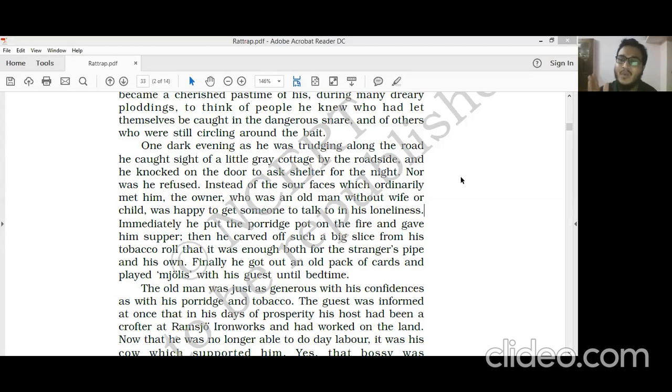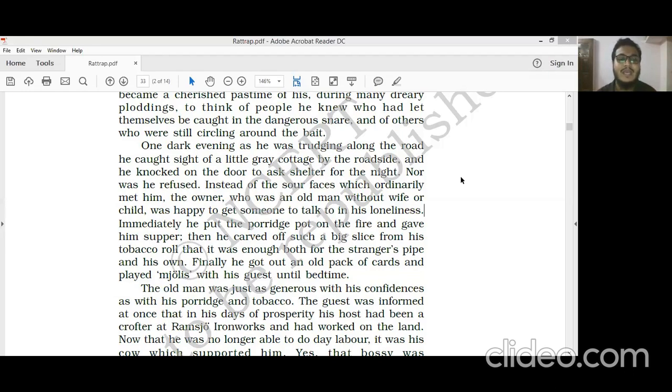So that's why he welcomed him. First, mention being alone, and then add that there was no wife or child. So that's why he welcomed this man. Don't mention directly that he had no wife. Don't jump to the conclusion from there. Derive the answer from the loneliness, then come toward the wife or child.